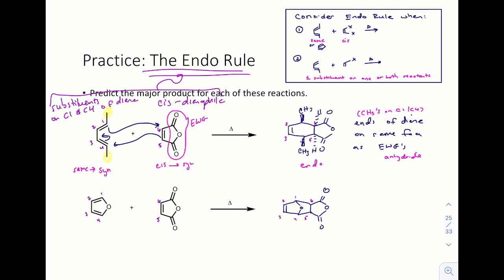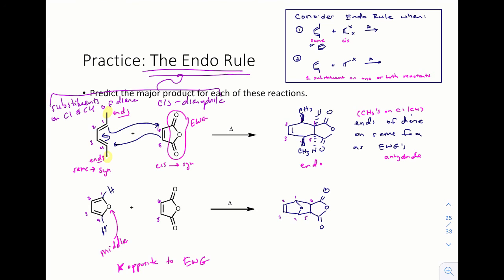Now, in the case of the second reaction, the substituent on the diene is actually occupying the middle position. It is not occupying the ends. So it is going to end up opposite to the electron withdrawing groups on the dienophile, because the ends are going to end up on the same side.